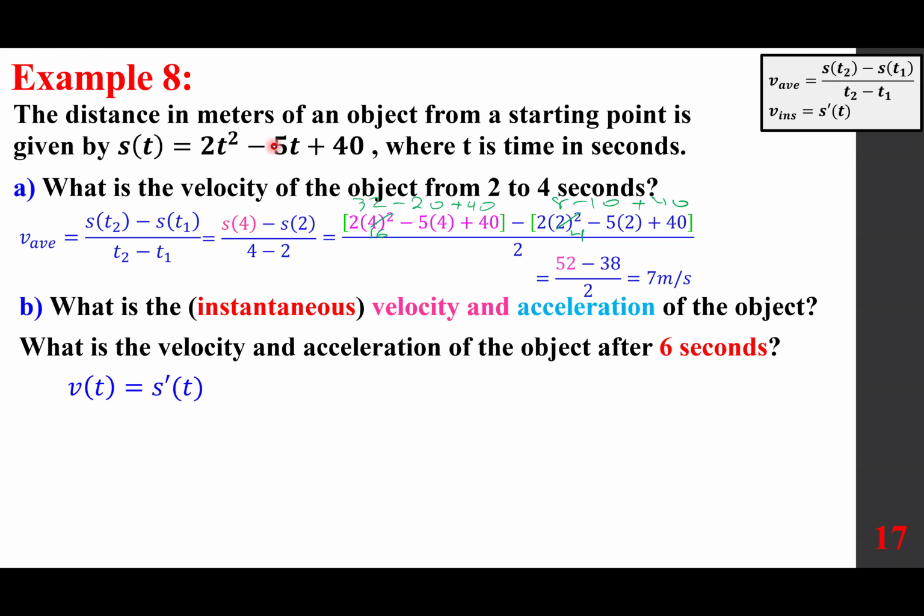So 2t squared becomes 4t, minus 5. And now, after 6 seconds, 4 times 6, 24 minus 5, 19 meters per second.